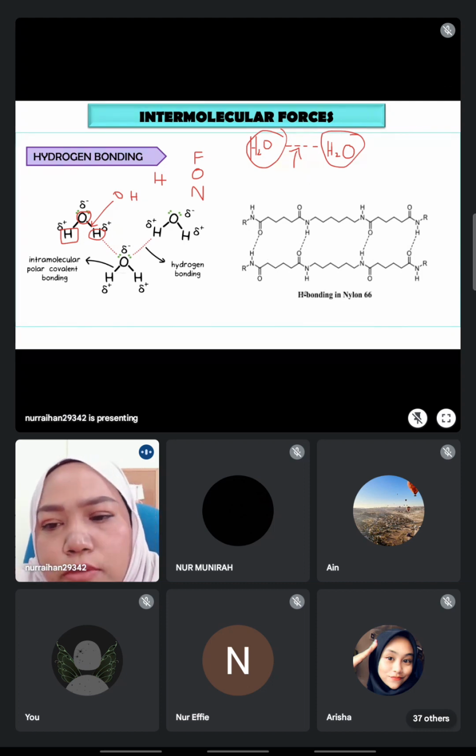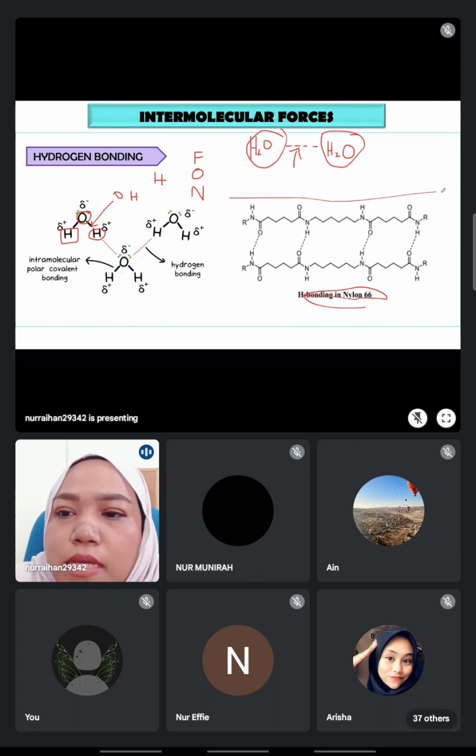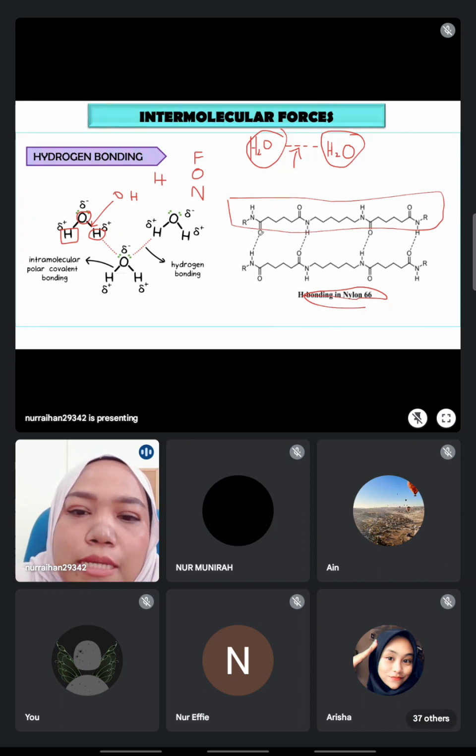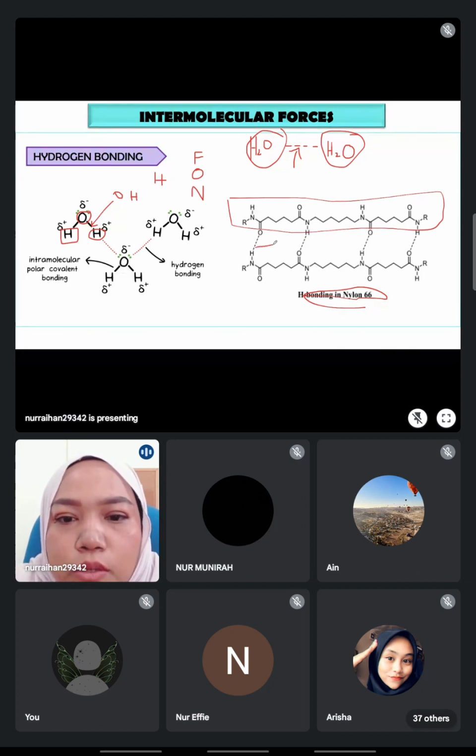Okay. Sama juga yang berlaku dalam nylon 6, okay, whereby we have this polymer chain, okay. So this nylon, there we have the carbonyl, okay, C double bond O, and then we have the NH, okay. So this oxygen from the carbonyl can attract to another hydrogen at the adjacent chain. Okay, so this one is considered as the hydrogen bonding.